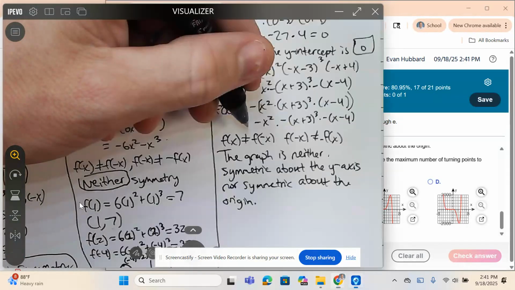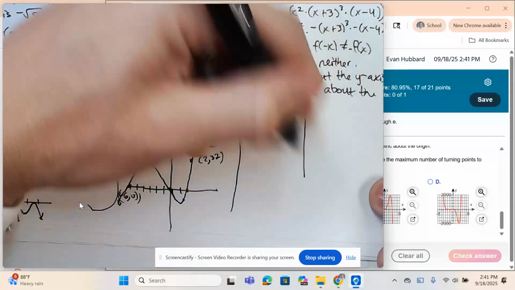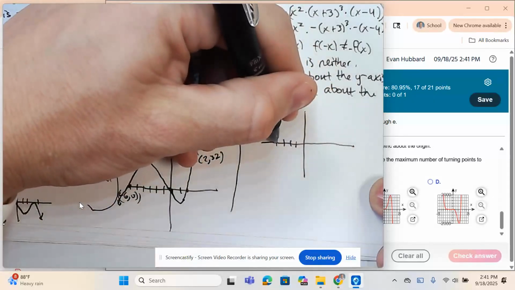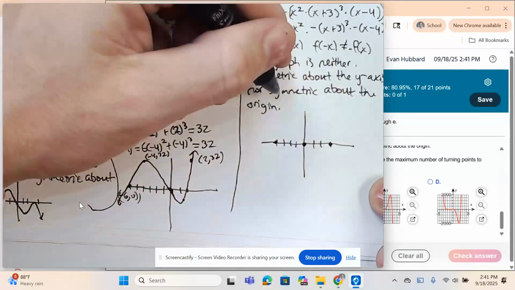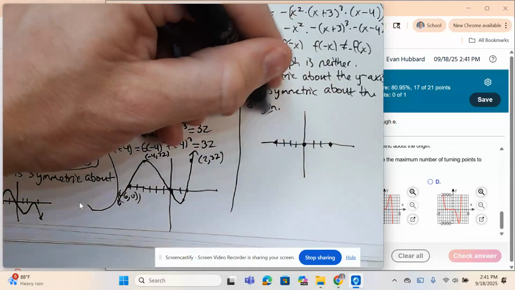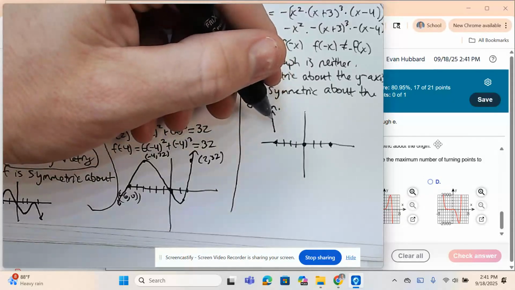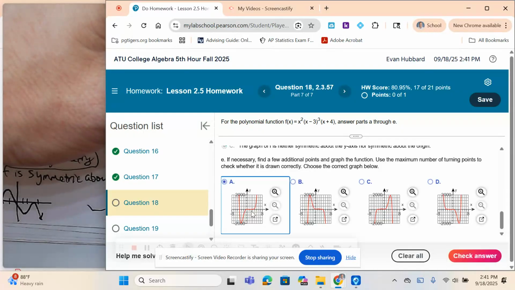Now, when it comes to graphing, we know that the x-intercepts are at -4, 0, and 3. We know that it rises to the left and to the right, so it's going to be rising on both ends. Okay, so let's look at the graphs here. These two rise on both ends. I need to zoom in and see what's going on here.